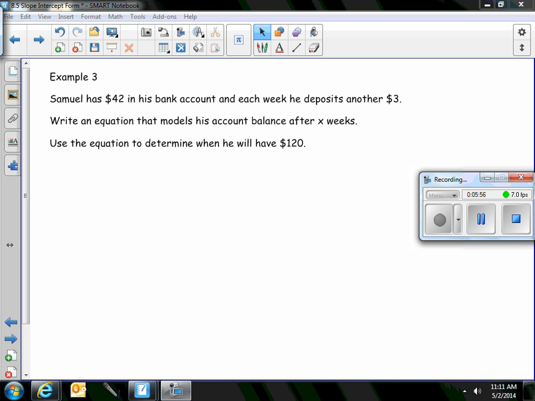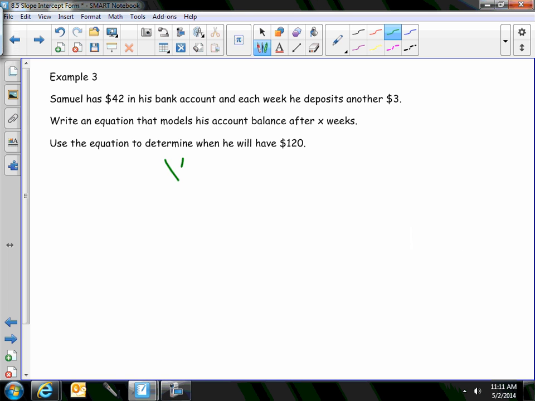So we're going to set this up in slope-intercept form, where y is the amount. We already know that he deposits $3 each week, and x is going to represent our weeks, because what we need to determine is how many weeks it'll take him to earn a certain amount. He already has $42 in the account. So we've been given that he wants to earn $120. That's going to be our y.